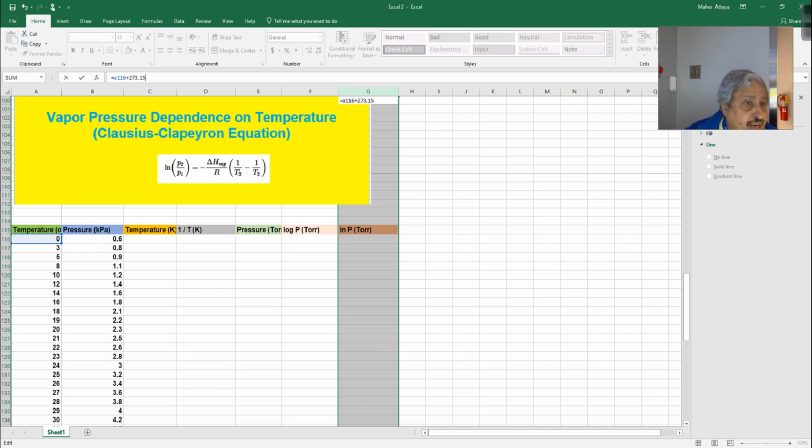In textbooks they don't take the 0.15, but we have it to make it really correct.